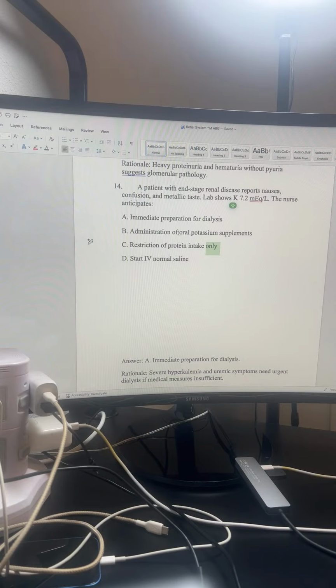Administration of oral potassium, you're sending your patient 6 feet under. You're not gonna give any potassium to this patient. They have too much already. The normal range is 3.5 to 5 for potassium. Make sure you get this patient on a cardiac monitor, the entire 9 yards.